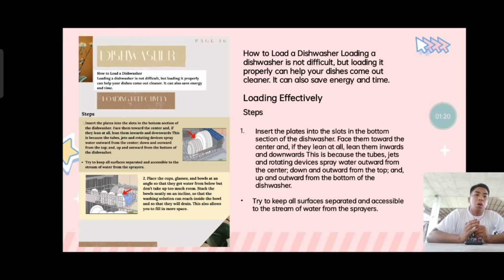Also try to keep all surfaces separated and accessible to the stream of water from the sprayer. As we can see in the image attached on the left side, we can see where it is placed properly, so it would be separately different, no?